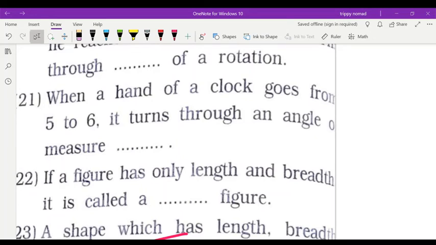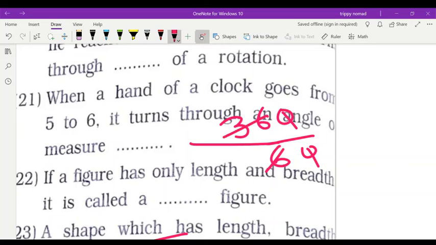I already asked you how to find out the angle. The angle around a point is 360, and when I asked you to find the angle moved by a hand of a clock in 1 minute, how will you find out? In 1 hour there are 60 minutes, and total angle is 360 around a point. So 360 divided by 60, I'm showing again here, you will get 6 degree.